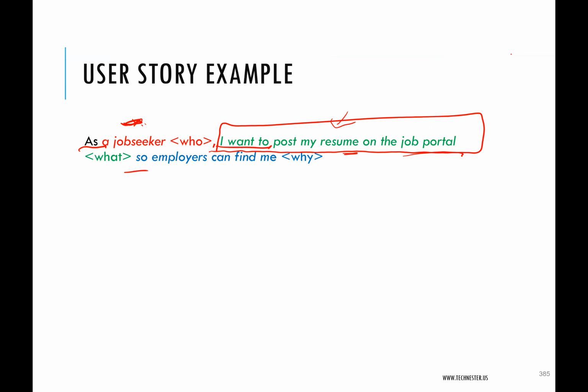I mentioned to you that user stories tell half of the story because they represent functional requirements. So this is functional requirement. The other half of our solution requirement is the non-functional requirement. Your acceptance criteria contains the non-functional requirement.